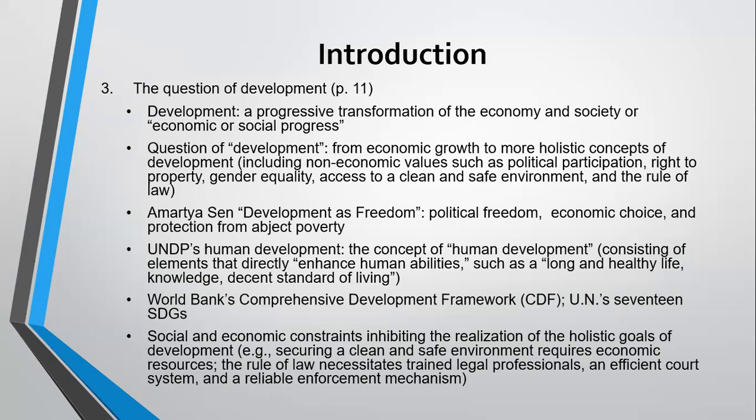So Amartya Sen advocated development as freedom. His concept of development meant political freedom, economic choice, and protection from abject poverty. UNDP also developed a holistic notion of development, and it advocated the concept of human development.